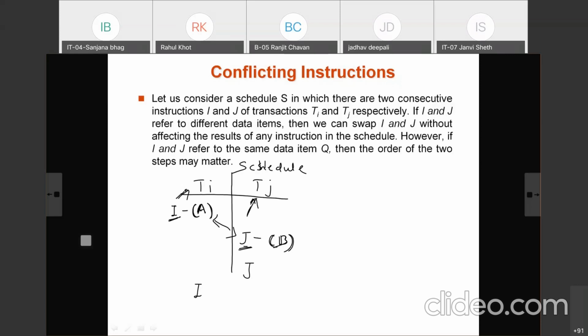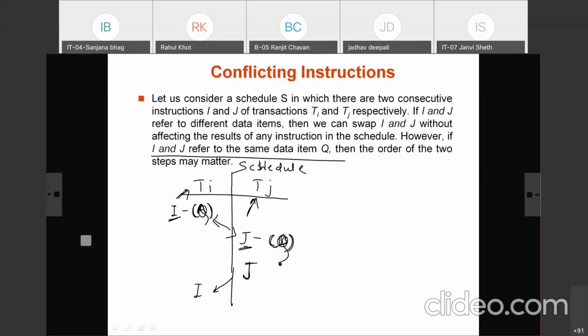That means I can execute J first and then instruction I. But if I and J refer to the same data item Q, I also operates on Q and J also operates on Q, then the order in which these instructions execute matters.